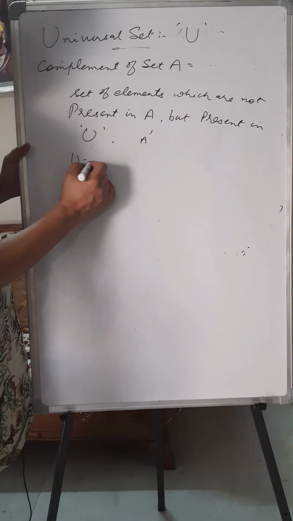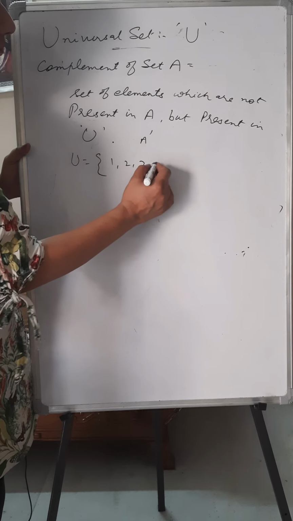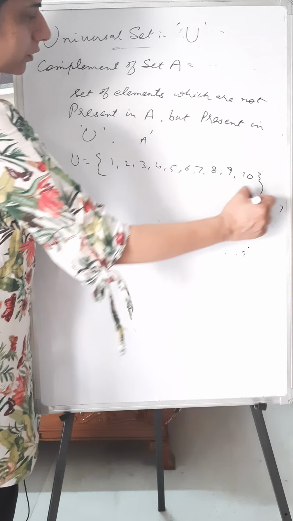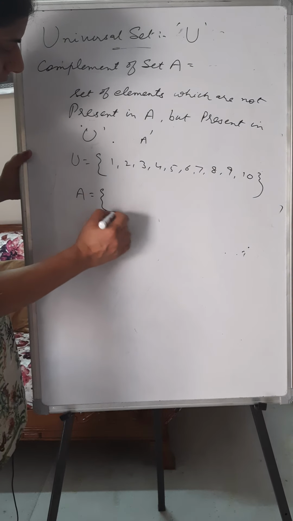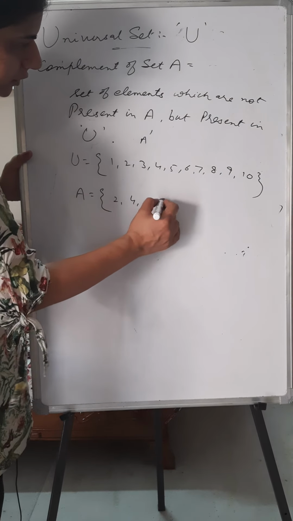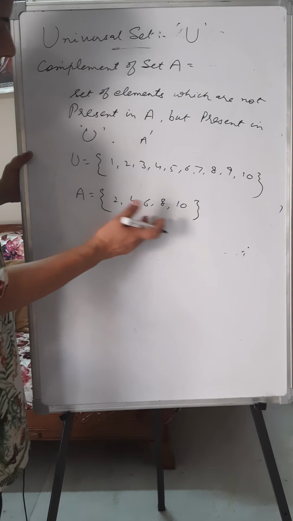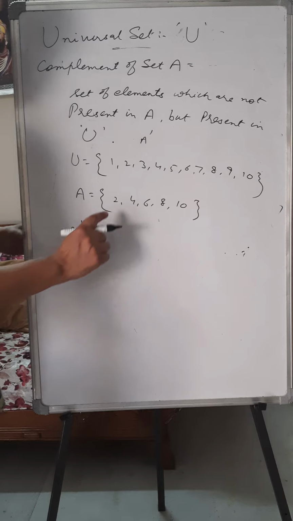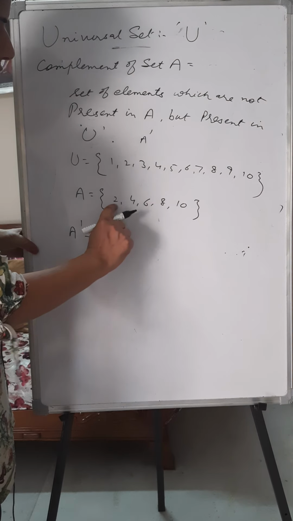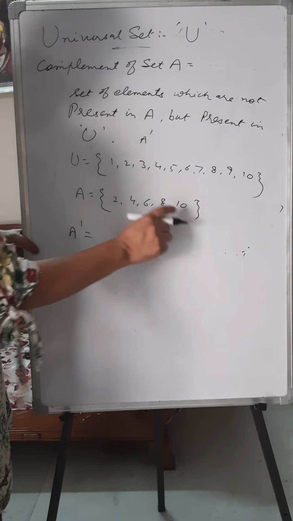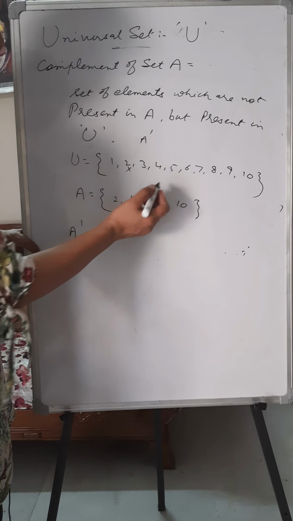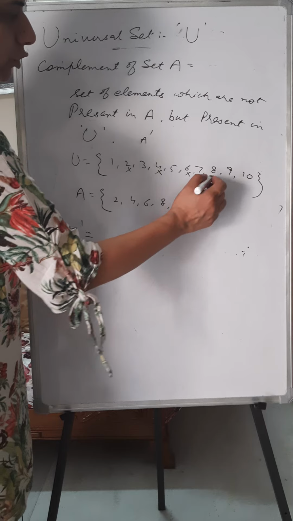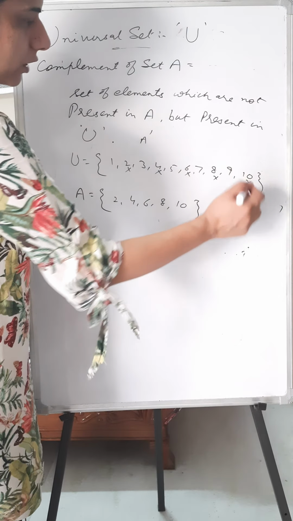Let us suppose the universal set has the elements 1, 2, 3, 4, 5, 6, 7, 8, 9, 10. A has the elements 2, 4, 6, 8 and 10, the even numbers up to 10. Then for A complement, from the universal set you have to erase these numbers. 2 is there, you can't take 2. 4 is there, you can't take 4. 6, 8 and 10 are there, you can't take them.